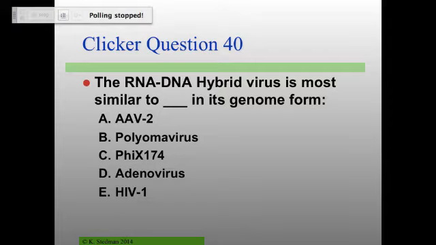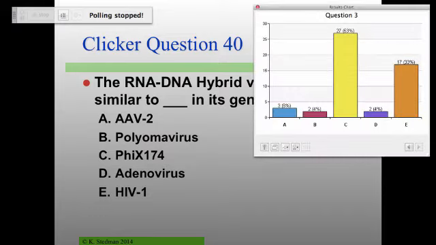So, what form does the RNA-DNA hybrid virus have? This genome form, what is it? Please say circular with overlapping reading frames. Overlapping reading frames is incorrect. Circular, however, is correct.